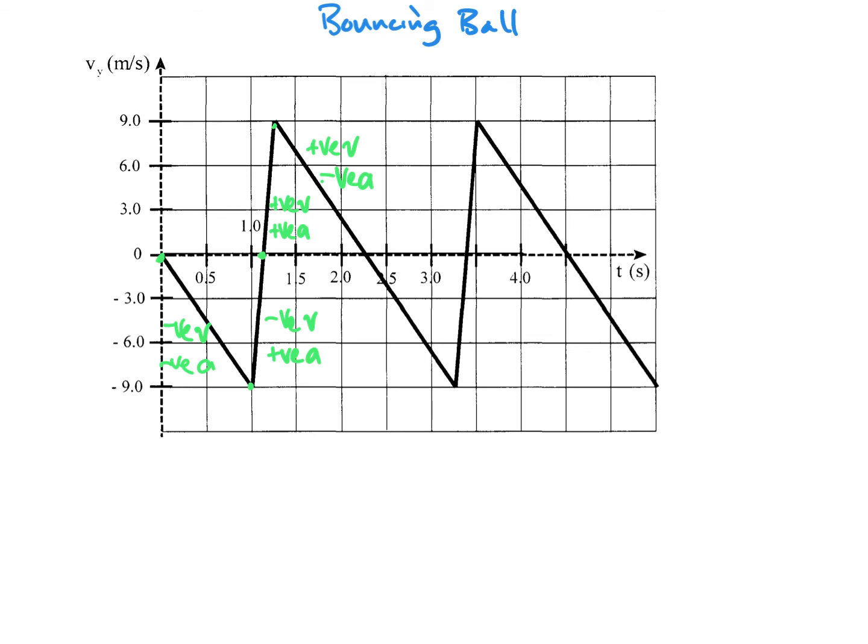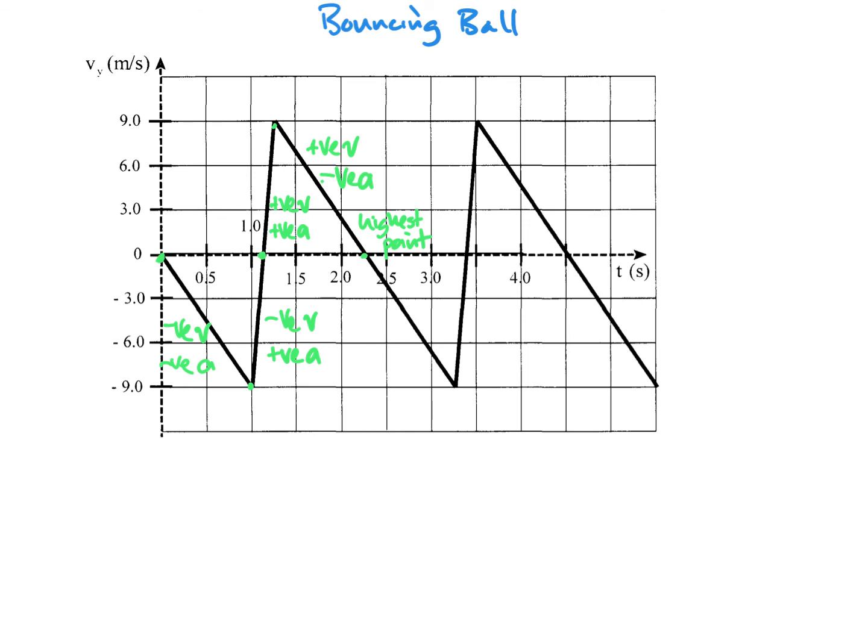So the bounce has given it an upward velocity, but because gravity acts down the way, the acceleration due to gravity acts down the way, then it will start slowing down until once again it goes through 0, which is a change in direction because it's reached its highest point. And then the whole cycle starts again. And in this case it would keep going forever because there's no energy lost in the bounce. There's no energy lost due to friction in this particular graph, so it's an idealised graph.